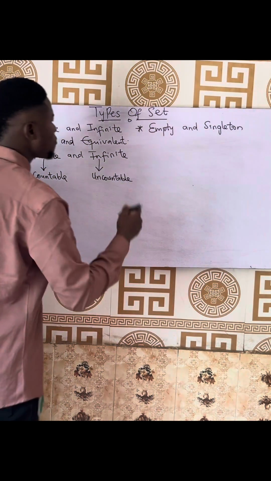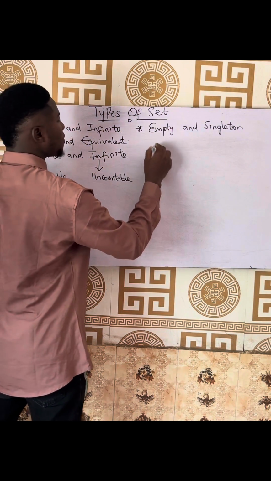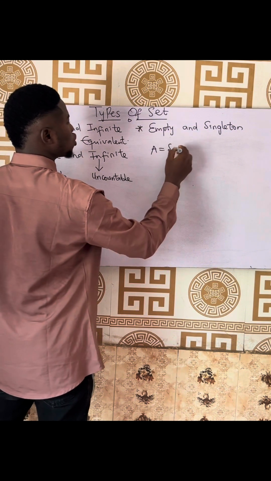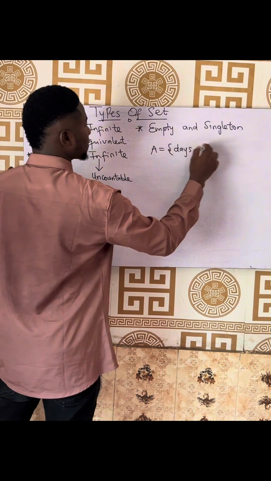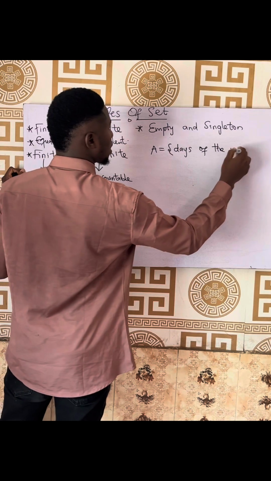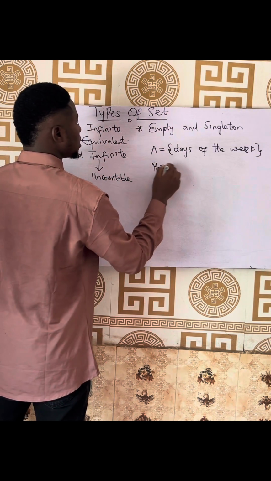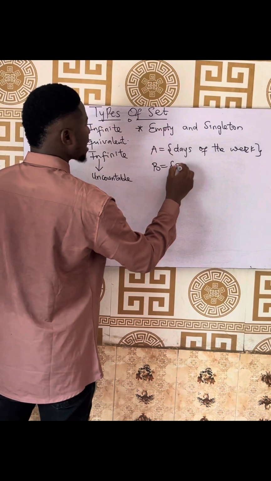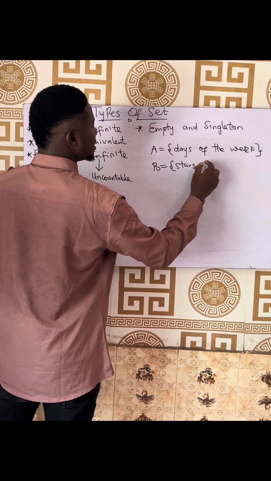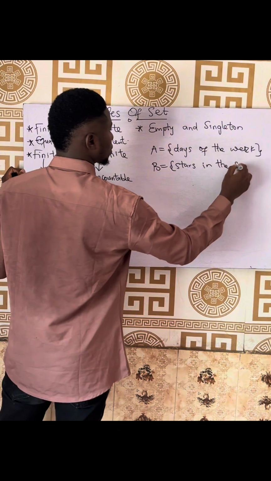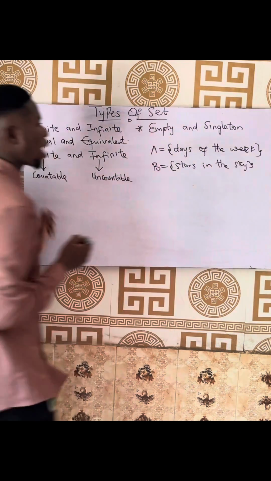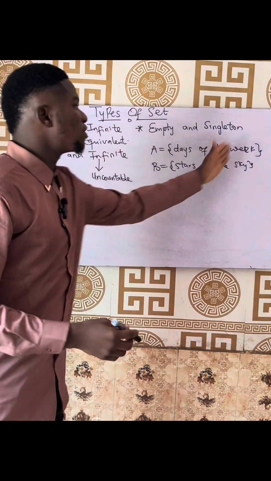So if we want to talk about an example, let's say set A is equal to days of the week, and set B is equal to stars in the sky. So guys, you are going to agree with me that we have 7 days in a week.